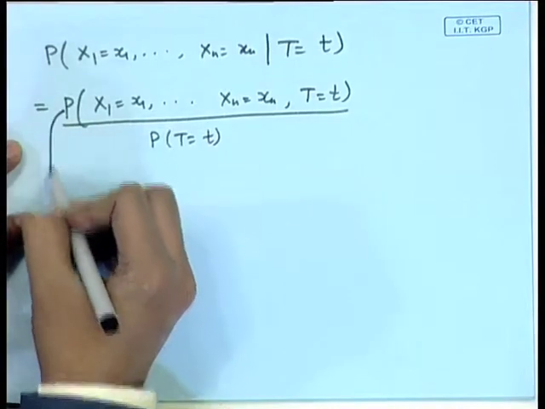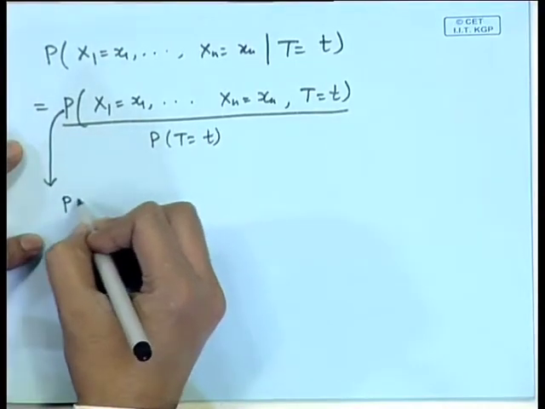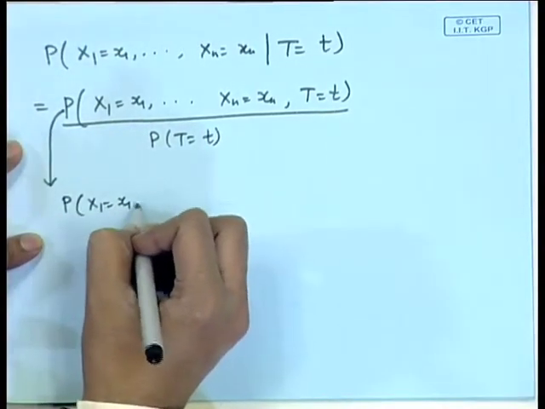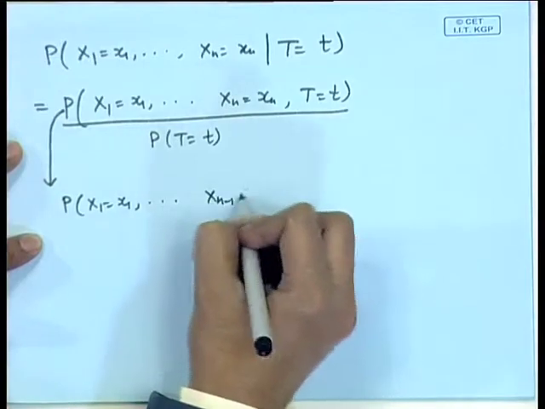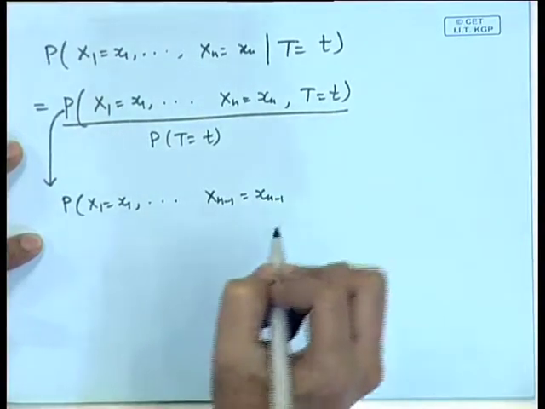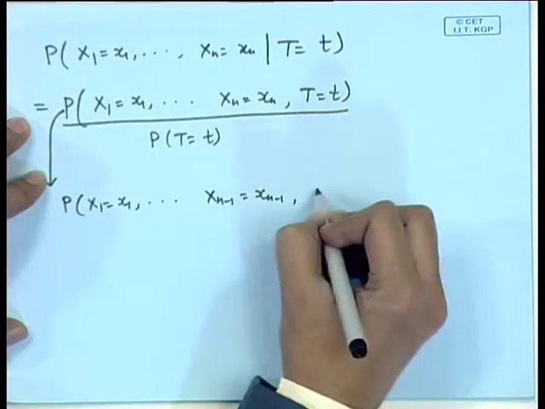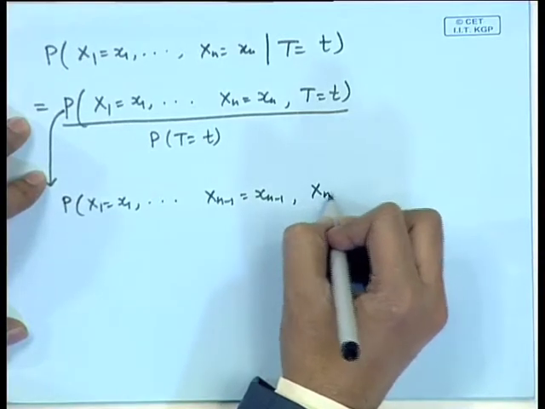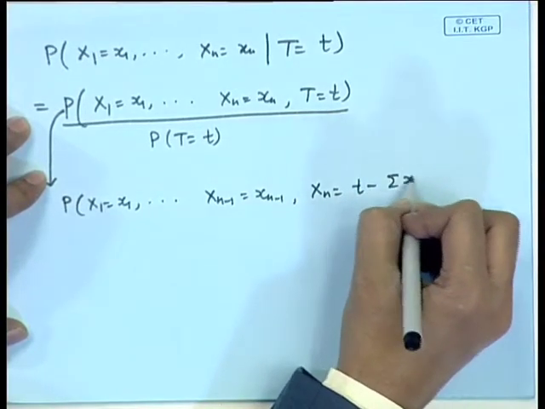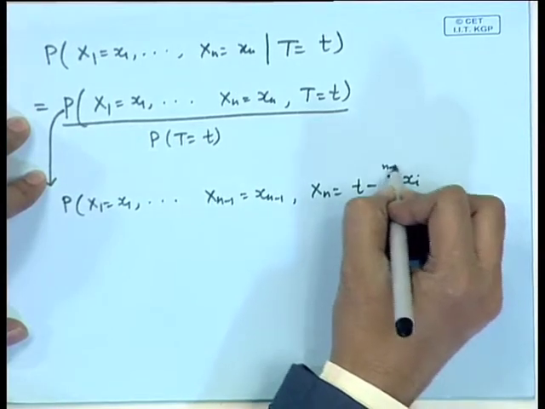We simplify this. We can write it as the probability of X1 equal to x1 and so on, X(n-1) equal to x(n-1), and Xn equal to t minus the sum of xi, i equal to 1 to n minus 1.